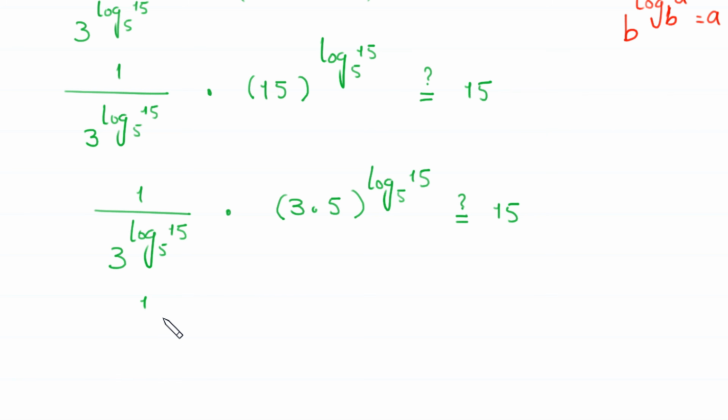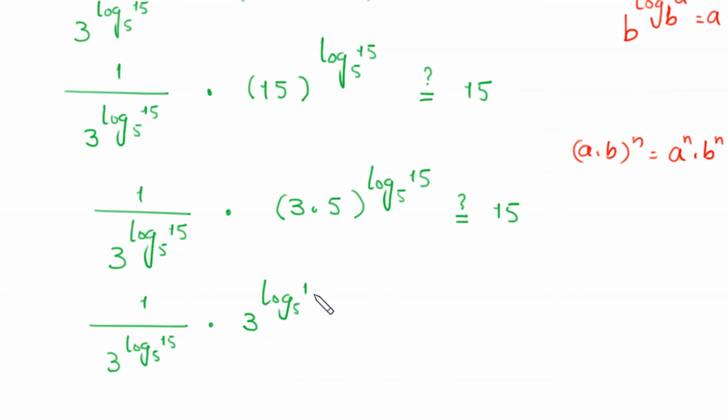Next, by using this property, a times b whole to the power n is equal to a to the power n times b to the power n, this will become 3 to the power log base 5 of 15 times 5 to the power log base 5 of 15.